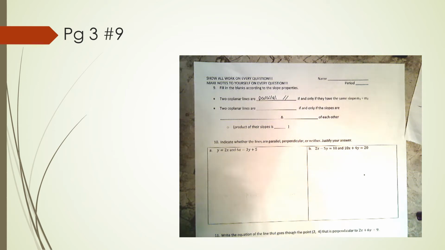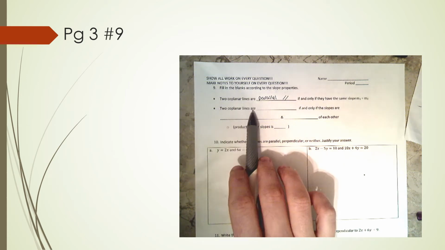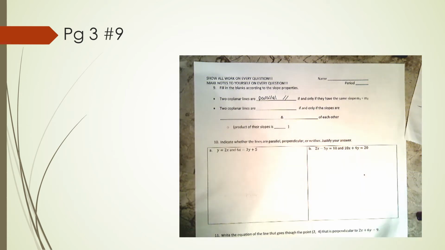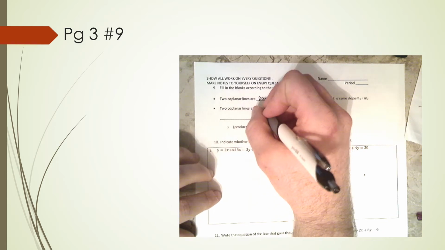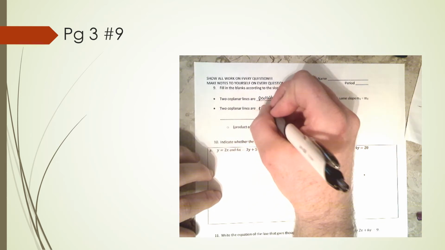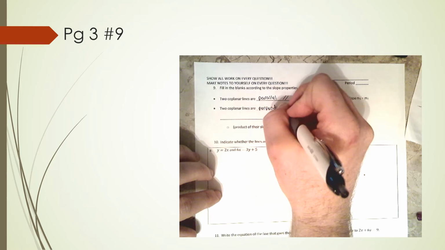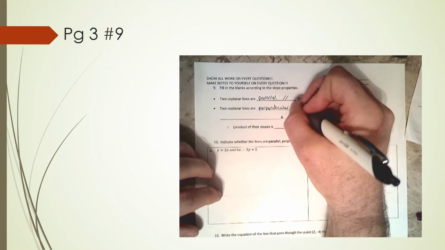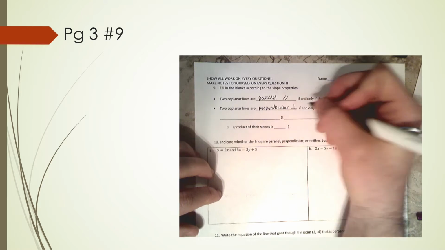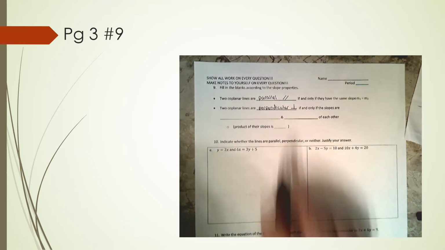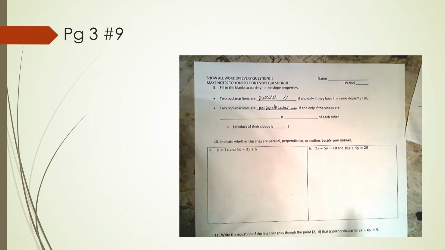The next one says two coplanar lines are blank if and only if the slopes are blank and blank of each other. So what we are looking for is perpendicular. So the symbol for perpendicular, it kind of looks like an upside down T. That is the symbol for perpendicular.